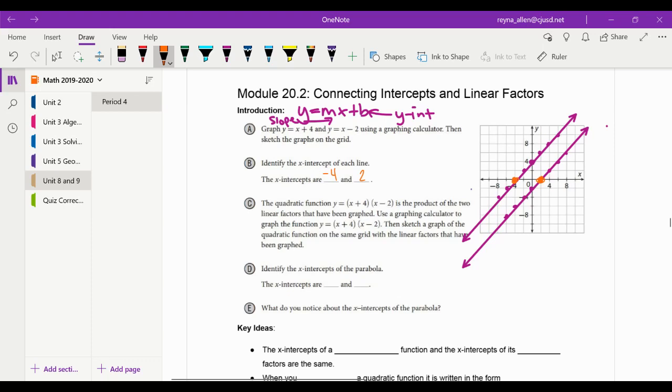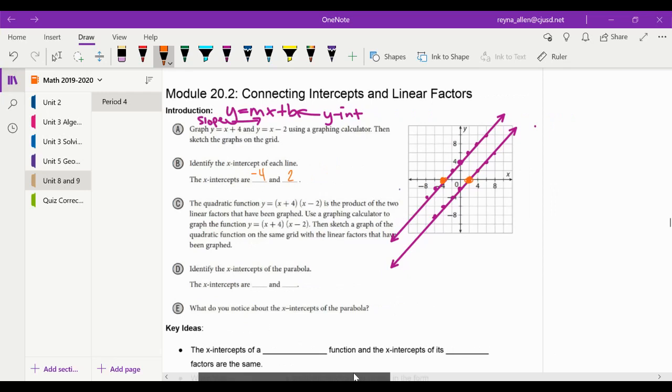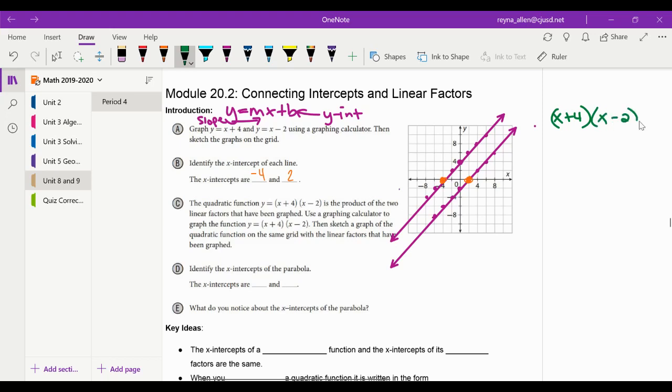Another method is saying, okay, we have the same problem, but let's look at it in standard form. So I'm going to show you how they turn it into standard form. They take these two lines and they multiply them as a binomial. So they do x plus 4 and they multiply that with x minus 2.